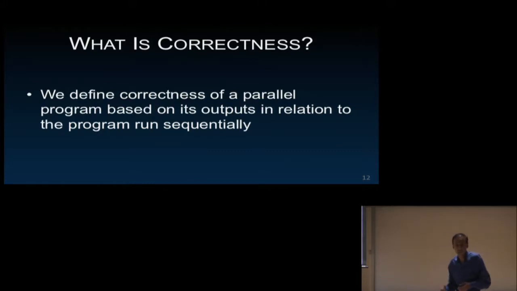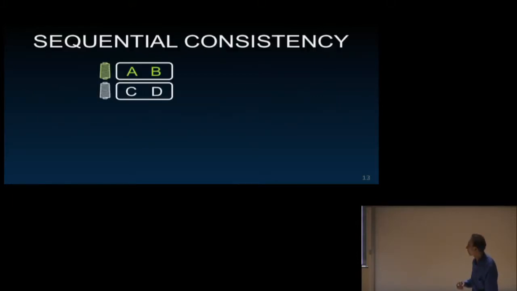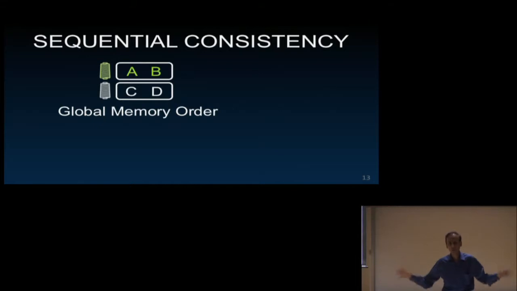Obviously, there have been definitions proposed here. And we're not going to change the definition of correctness. We are going to say something about parallel program correctness based on the classic notion of sequential consistency. Sequential consistency, due to Lamport, says if you have a thread which is running instructions or tasks, let's call them instructions A and B, and another thread running in parallel that has C and D, then a bunch of different orderings are OK with respect to the global memory order.